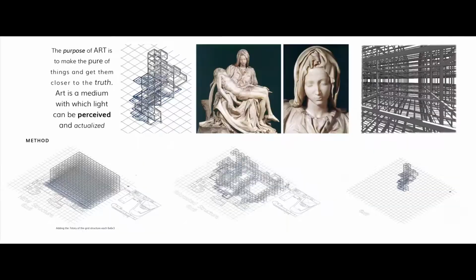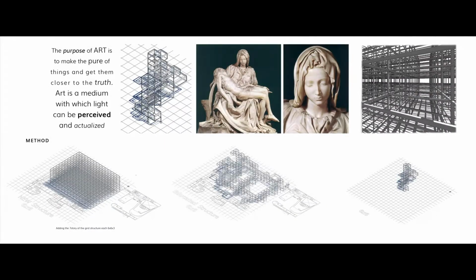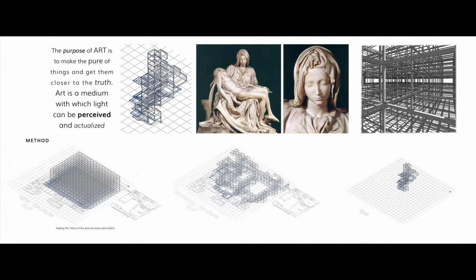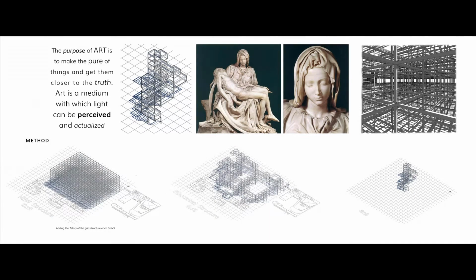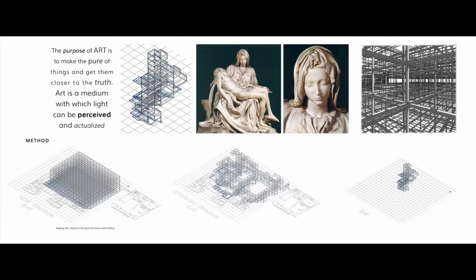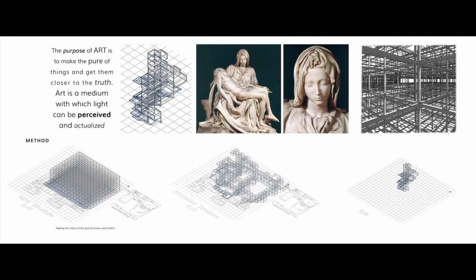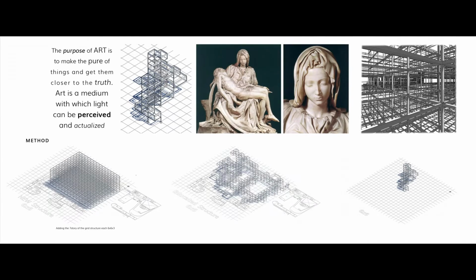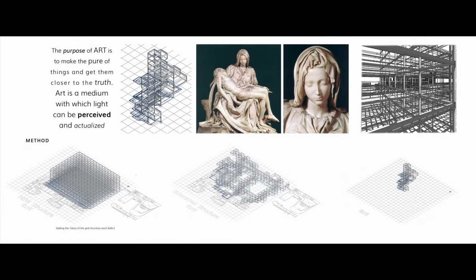So my main method for designing is that I fill all the gaps in between the spaces with a 6 by 6 grid, and then I try to carve the space like Michelangelo when he carved through the stones and created sculpture.